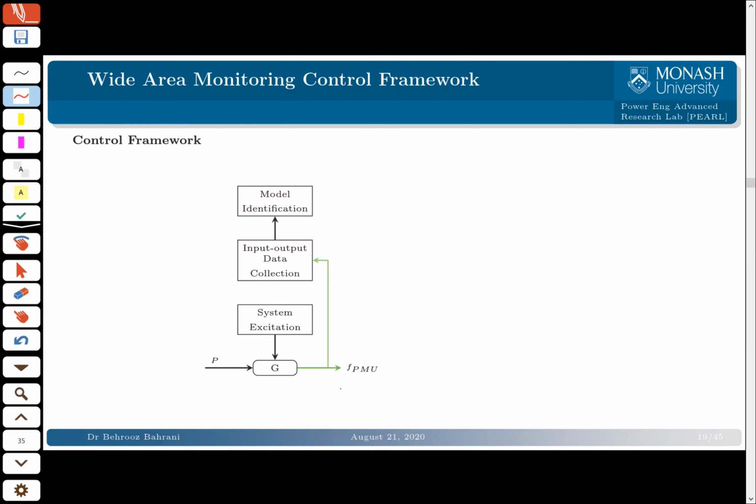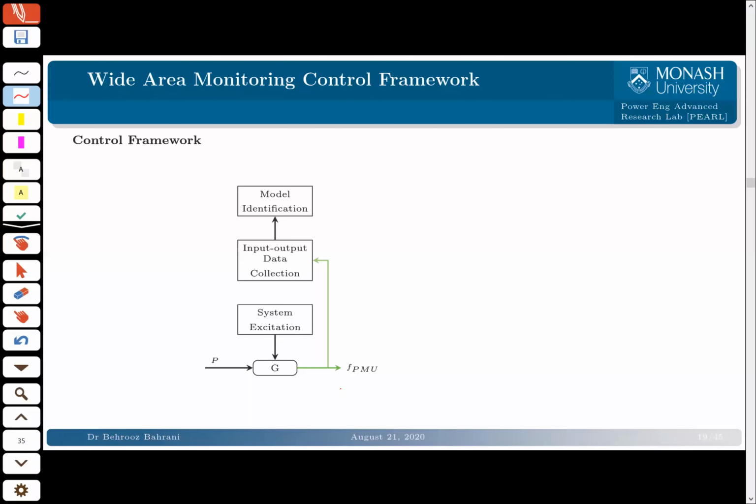Now, the idea in this approach is to use PMUs and get the readings first in order to identify a model of your system, and also use that model to design a controller which would eventually give you the set point for the power of a battery energy storage system in order to control the frequency of the grid.